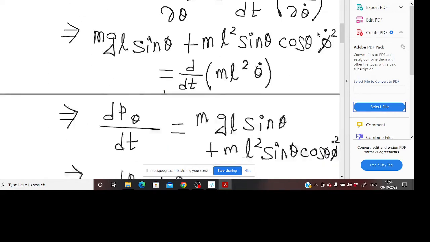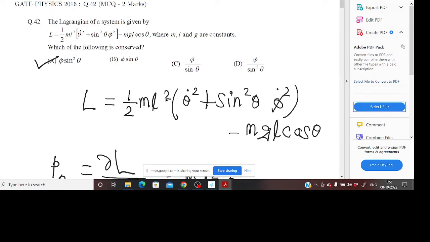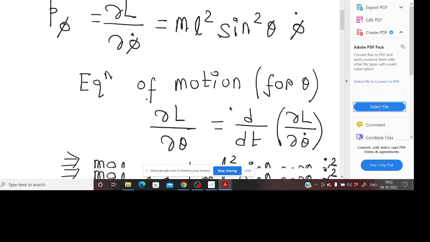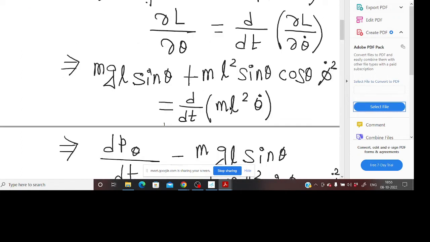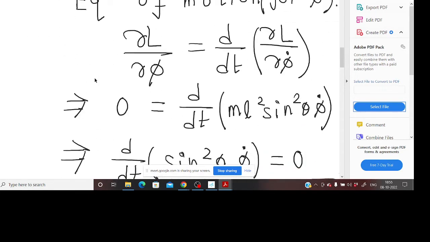Because you see here, the Lagrangian is independent of phi. Del L del phi is 0 because there is no explicit dependence on phi for this Lagrangian. So del L del phi is 0. And what is del L del phi dot?